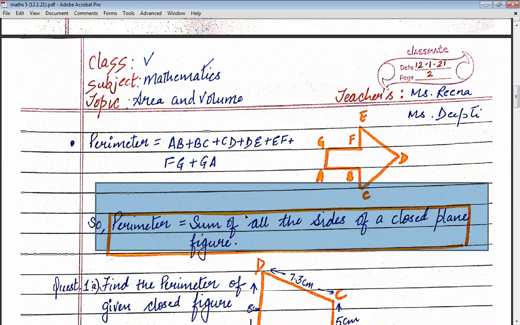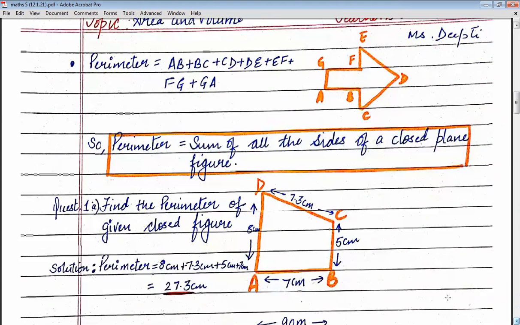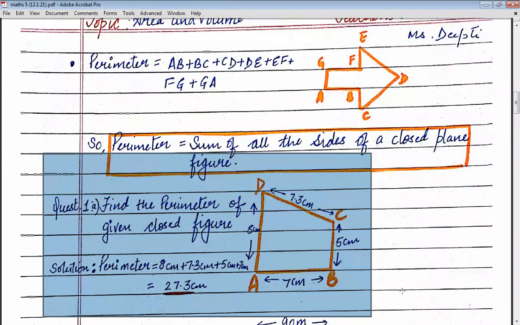Now children, let us move on to question number 1 based on the perimeter. In the first question, you have to find the perimeter of the given closed figure. You can see that this is again a quadrilateral, a four-sided figure.